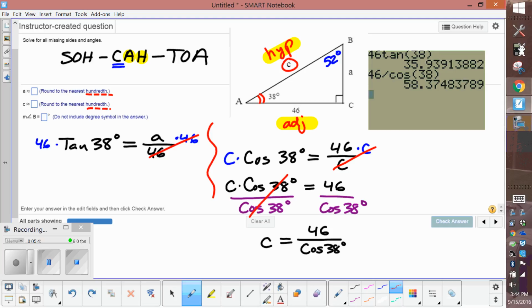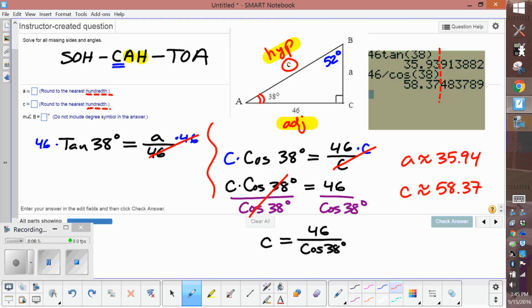So little a should be approximately equal to 35.94, and little c should be approximately equal to 58.37. So make sure you're rounding appropriately.